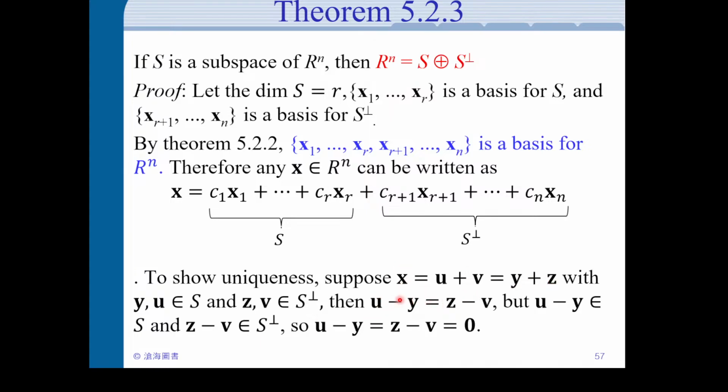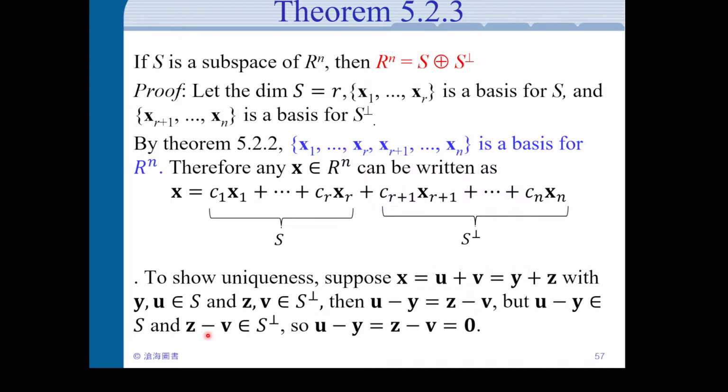We say X equals U plus V and also Y plus Z, where U and Y are inside S, and V and Z are inside S perpendicular. Maybe these are different, but we want to prove that this is not true. We want to prove U equals Y and V equals Z.